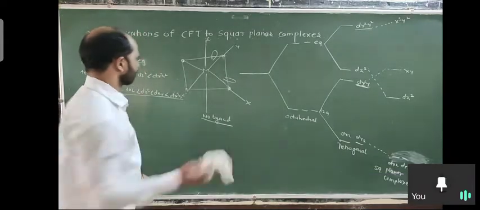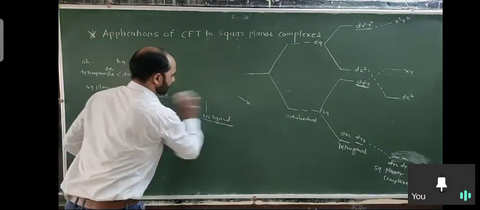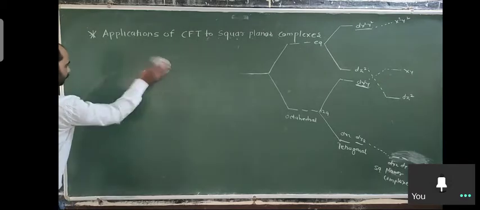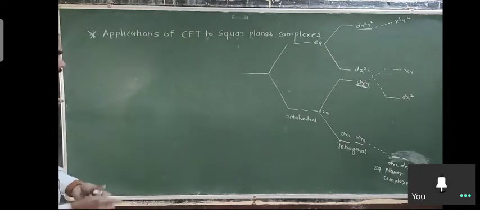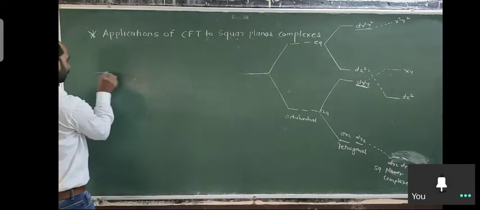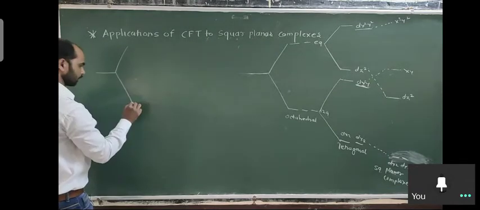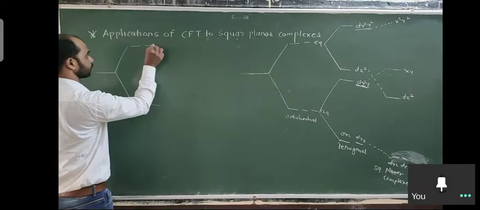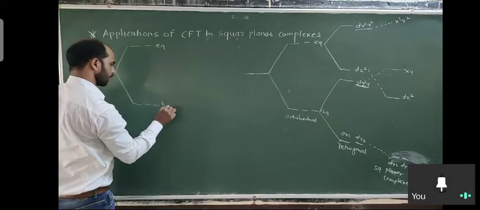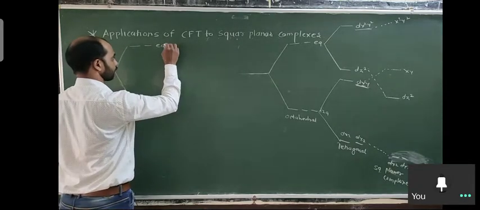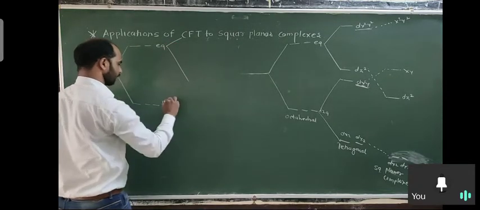So basically you simply draw the diagram as Eg, T2g, then you do the further splitting here.